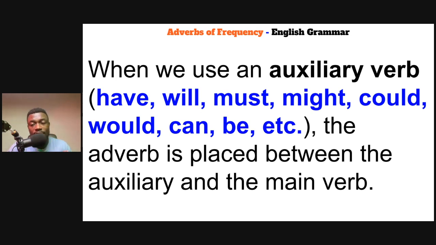When you use an auxiliary verb, the adverb is placed between the auxiliary and the main verb. Nous avons donc trois positions. Première, devant le verbe principal. Deuxième, après le verbe to be. Troisième, au milieu, quand il y a un verbe auxiliaire avec le verbe principal. OK?